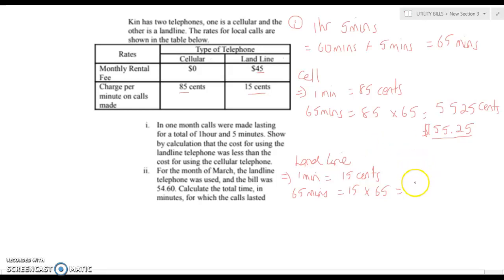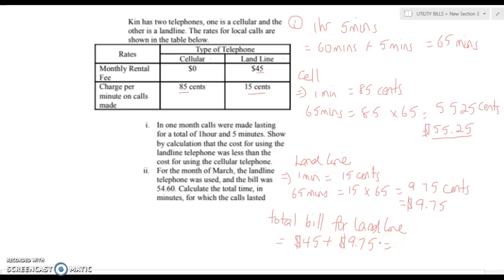And we will get 975 cents, right? Remember, again, I didn't change anything as yet, right? And that is equal to $9.75, right? So the total bill for the landline is the monthly rental fee, which is the $45, plus that $9.75.